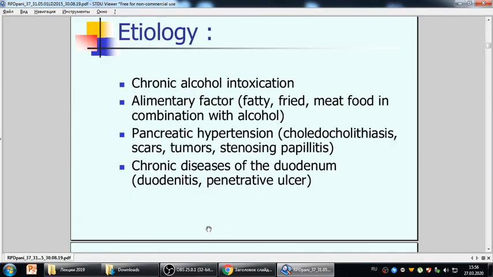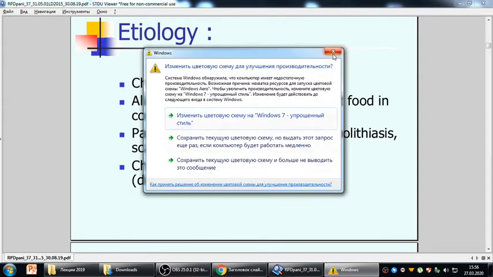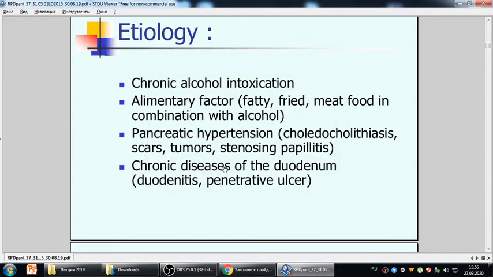The pancreas can also be damaged by chronic alcohol abuse due to alcohol intoxication, or by an alimentary factor. The alimentary factor is fatty, fried meat food in combination with alcohol, which can also damage the pancreas.